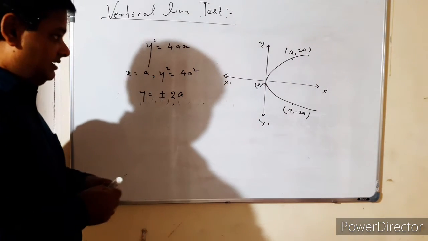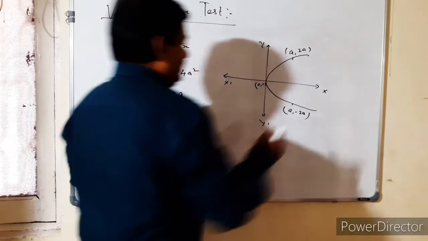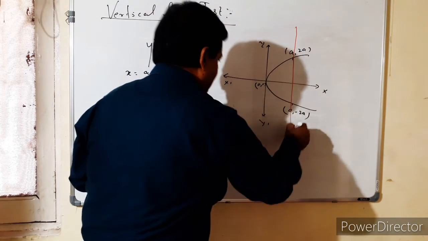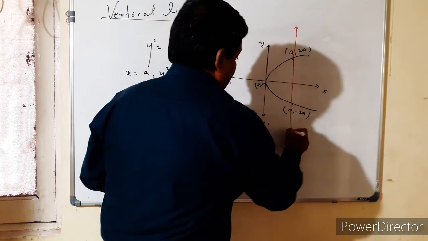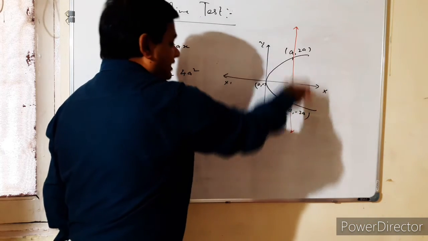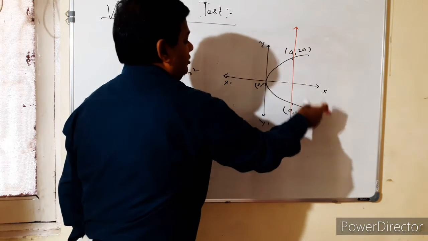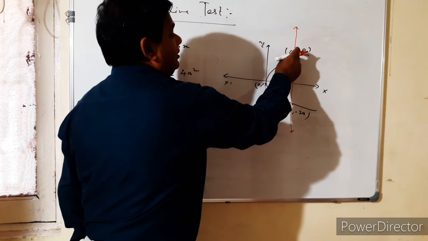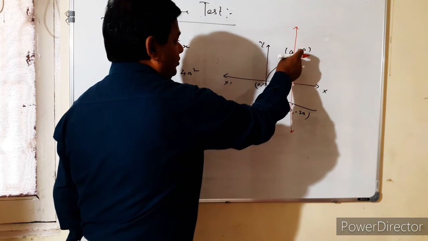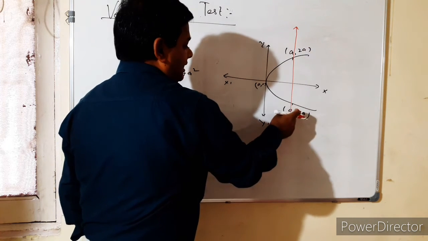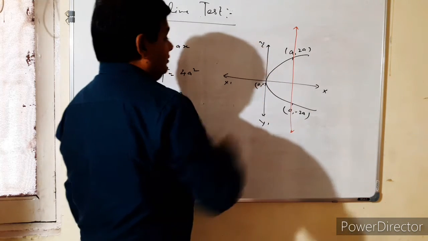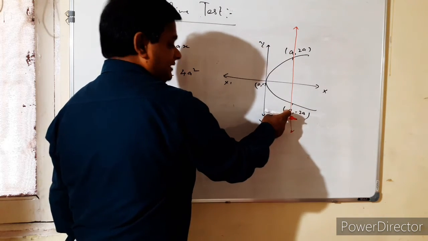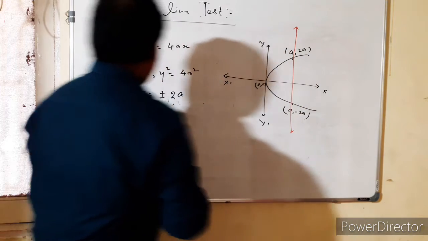So see here, when you draw a vertical line, this line intersects the parabola at 2 points. One point is a, 2a and the other is a, minus 2a. The first component is the same, so this is not a function.